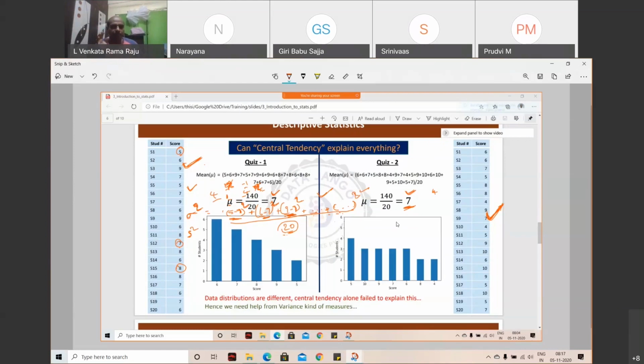Why are we developing measures like mean, variance, and standard deviation? Because we want to develop metrics for data that can explain the data itself.